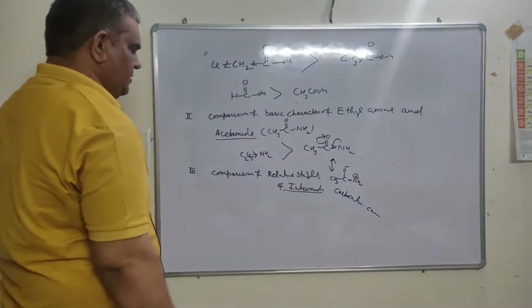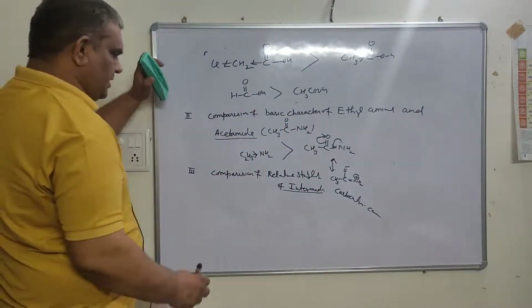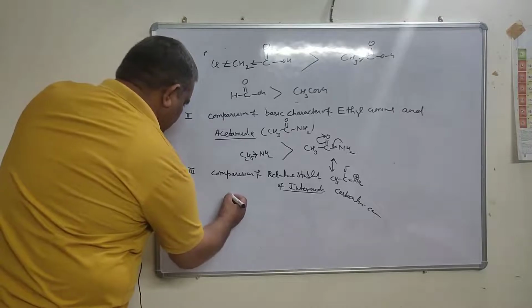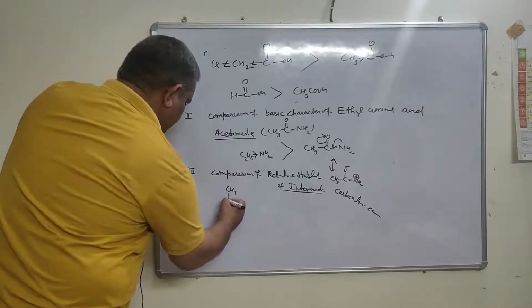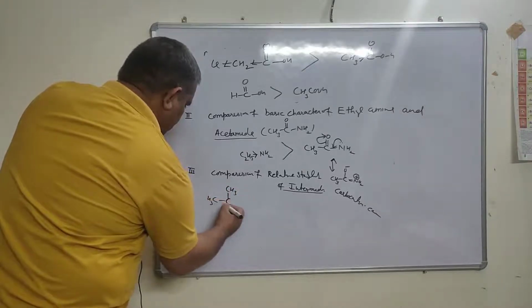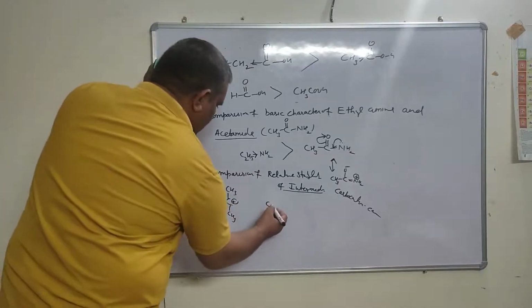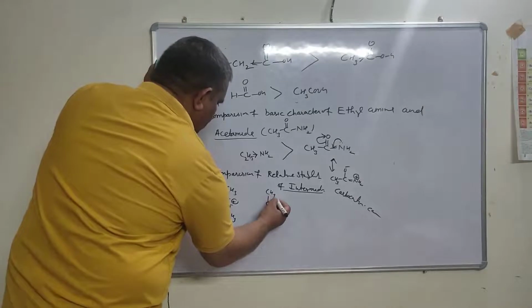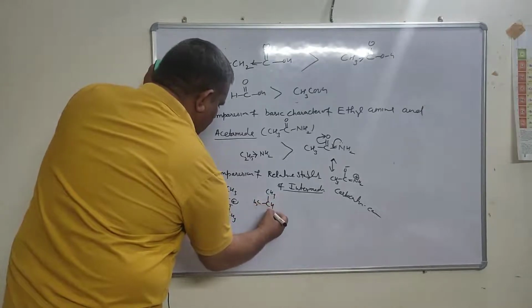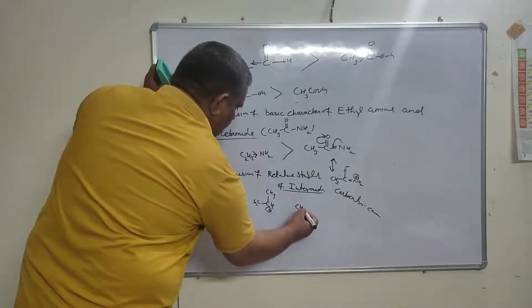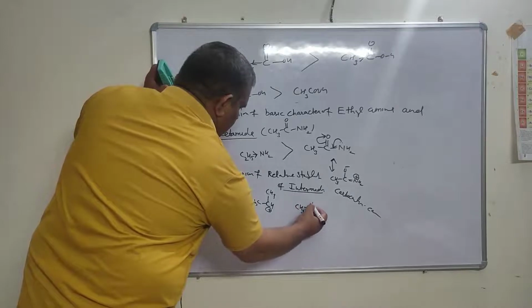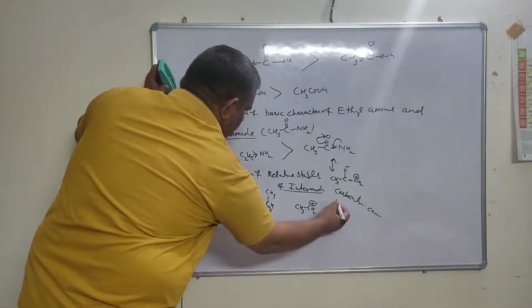The carbocation is of three types. This is the tertiary carbocation, this is the secondary carbocation, this is the primary, and this is the methyl carbocation.